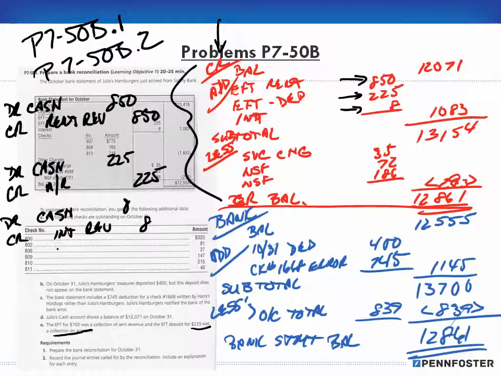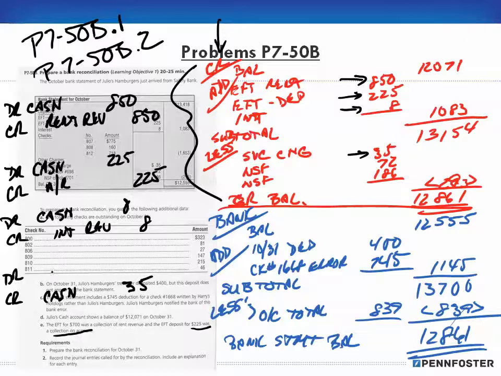Okay, let's see here. Next, we have a service charge for $35. Right? Now, remember, this is less, so this is cash going out. So I'm going to credit my cash for $35, and I'm going to debit something else. All right?